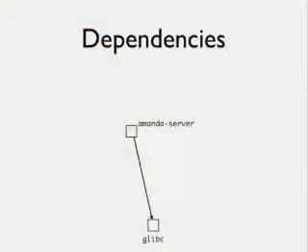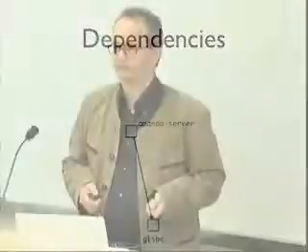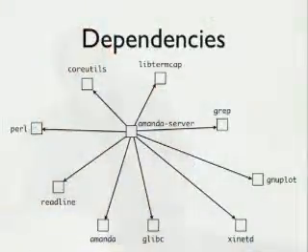This is a simple thing because Amanda is actually written in C, so it will need the C runtime library, and therefore the package that contains this runtime library will have to be installed before you can install Amanda Server. So that's a very easy one, but there are a number of other packages that you have to install before you can install Amanda Server. Now, this is a very small extract of the whole dependency graph within Red Hat.